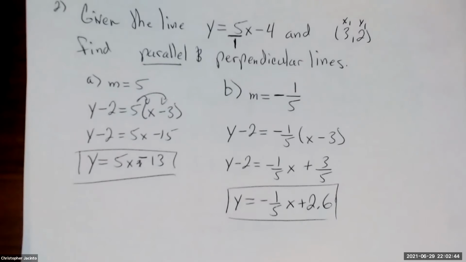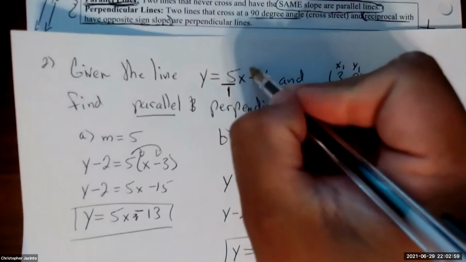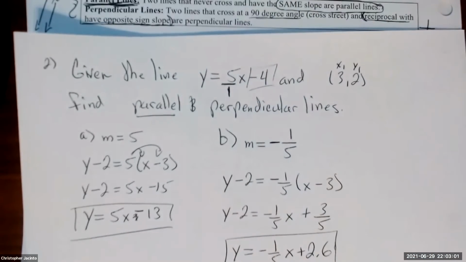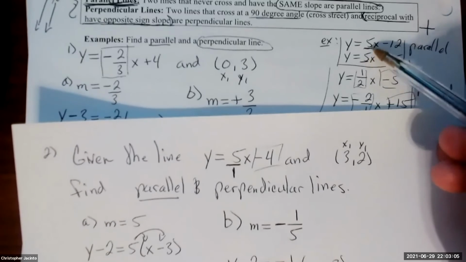So, any questions on this example at all? Where does the -4 go, if at all, anywhere? It doesn't do anything to the problem. That's the thing. When it comes to finding parallel and perpendicular lines, this has nothing to do with anything. Just like these ones. You really just care about the slopes.